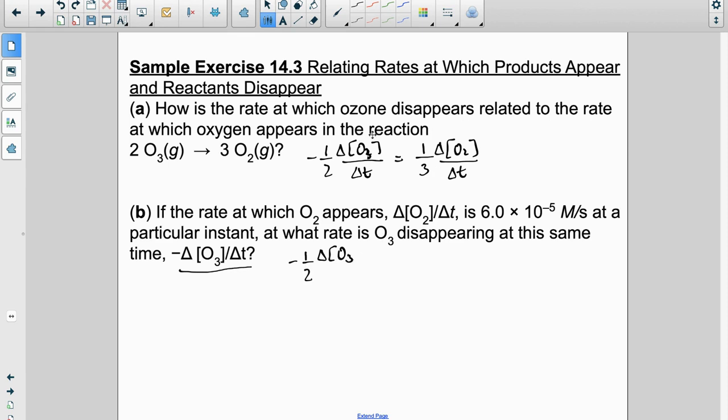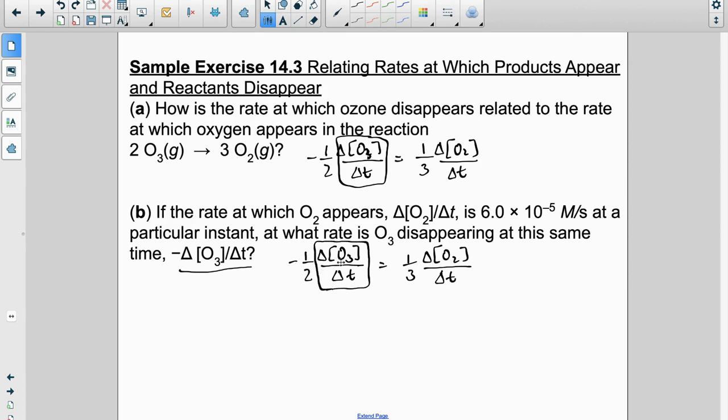We just need to move the 2 over. So the thing we need to find is our rate of disappearance of O3.